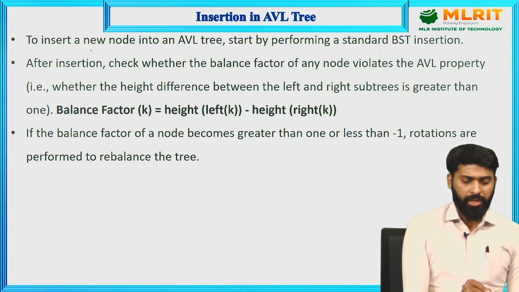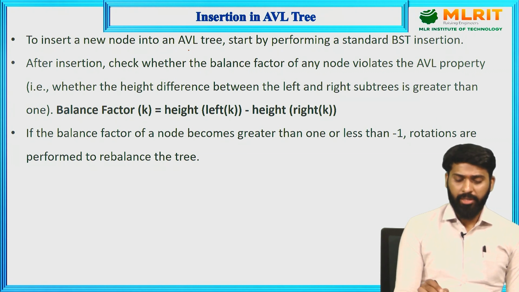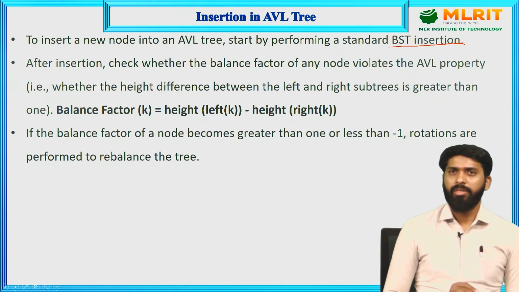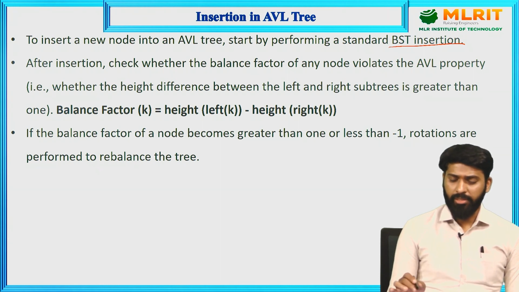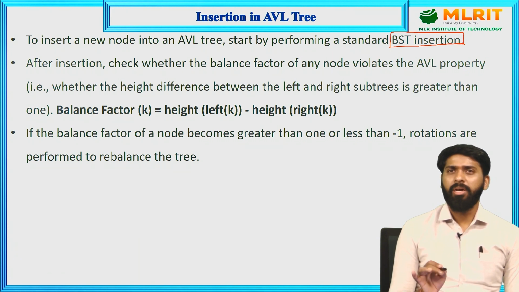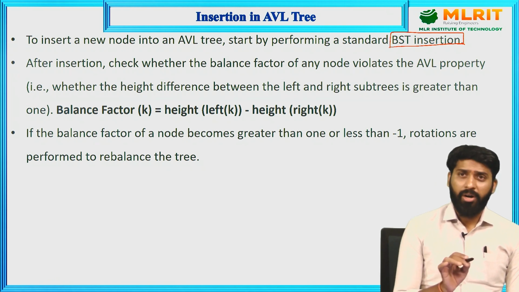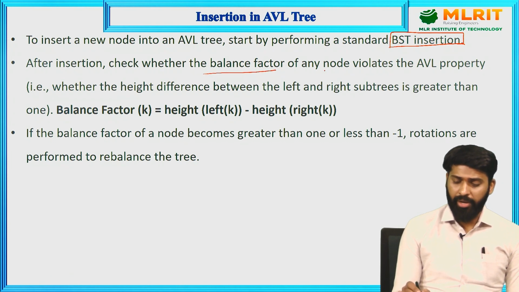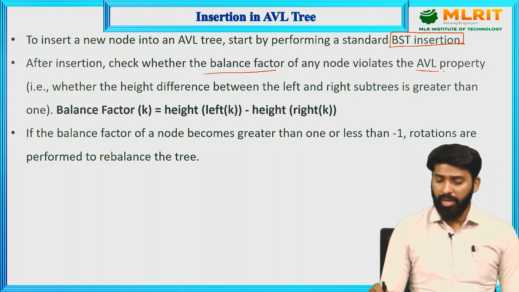To insert a new node into AVL tree, start by performing a standard binary search tree insertion. So first, when we try to insert a node in AVL tree, that is same as insertion in binary search tree only. So compare the value. If it is less than the root node, then traverse to left side, otherwise traverse to right side. Okay. Now after insertion, check whether the balancing factor of any node violates the AVL property.